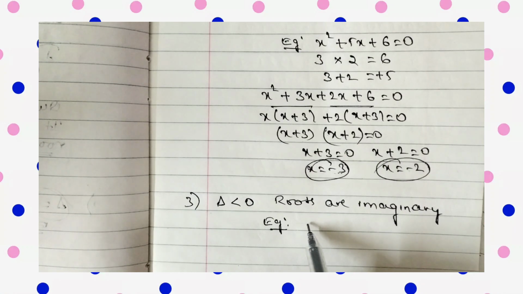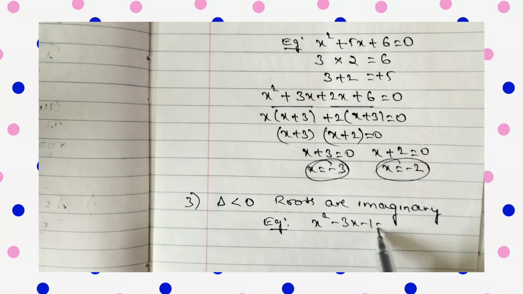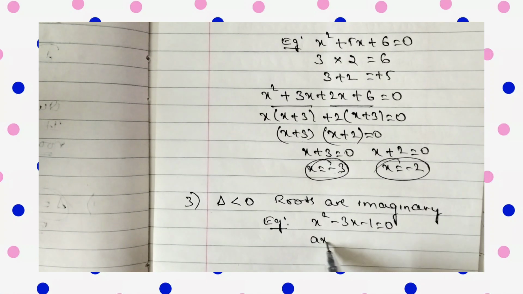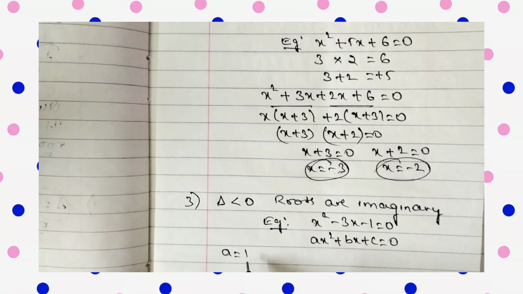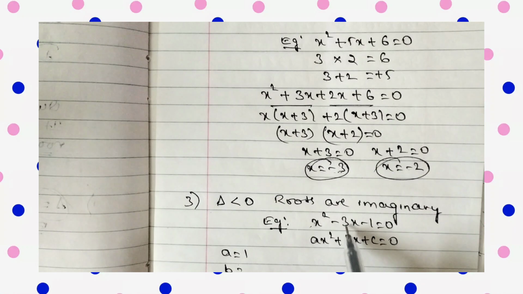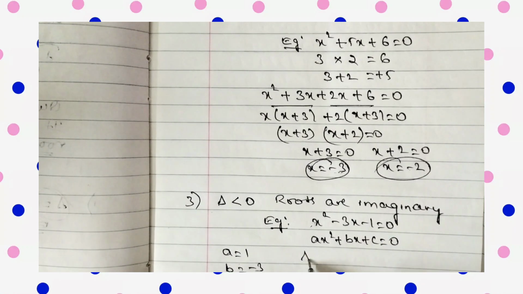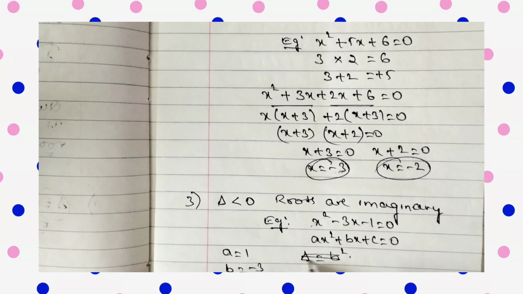So I will take an example of x square minus 3x minus 1 is equal to 0 compared to standard form ax square plus bx plus c is equal to 0. We cannot factorize this one. So we can find the root by using the formula method. a is equal to 1 and b is equal to minus 3 and c is equal to minus 1. So let us find it by formula method.